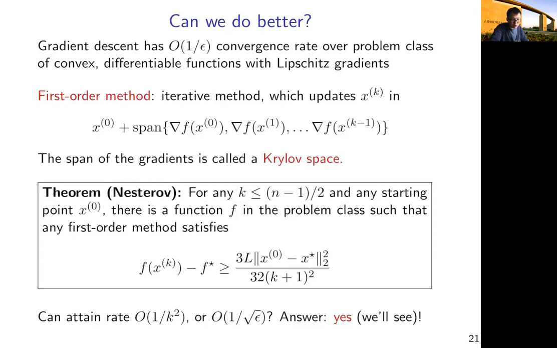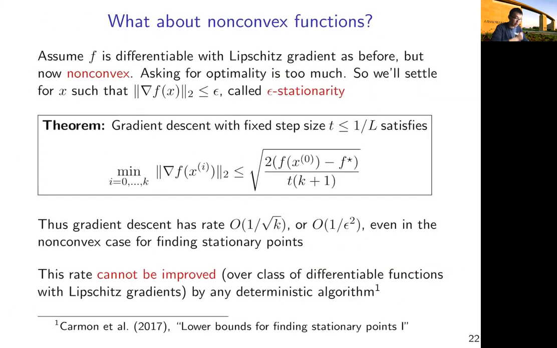We won't be able to talk about this today, but hopefully we'll revisit acceleration in the later part of this course. Okay, so how about non-convex functions? At the very beginning, we talked about convex functions. If we minimize it, no matter where we start, it all ends up at the same location.